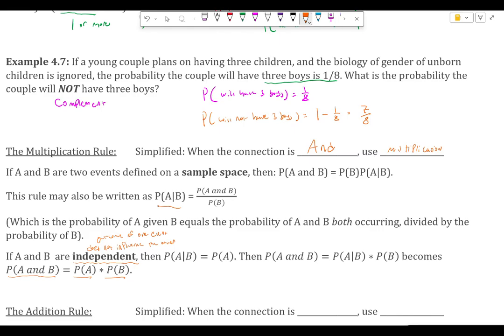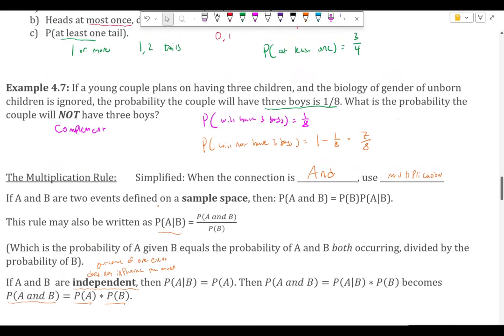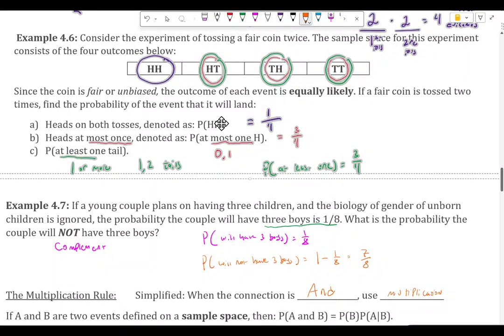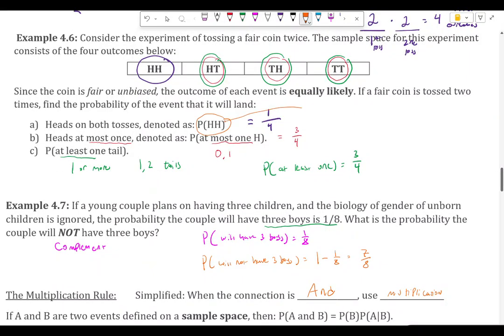So how would that affect us in the first one? Well, the probability of heads and heads. If we look here, the probability of heads, heads, this would have to be an AND statement. Probability of heads on first and heads on second is what we're looking for. Well, for us to get the heads on the first, we have a 1 out of 2 probability on the first toss, right?